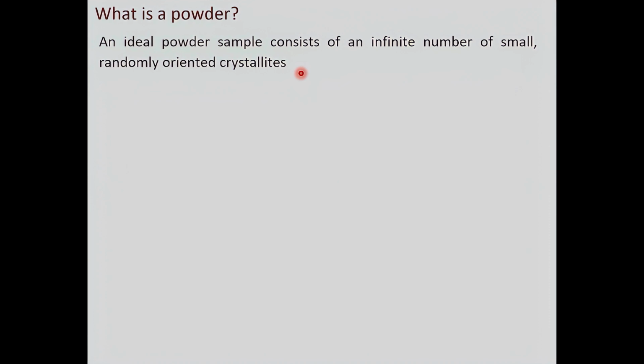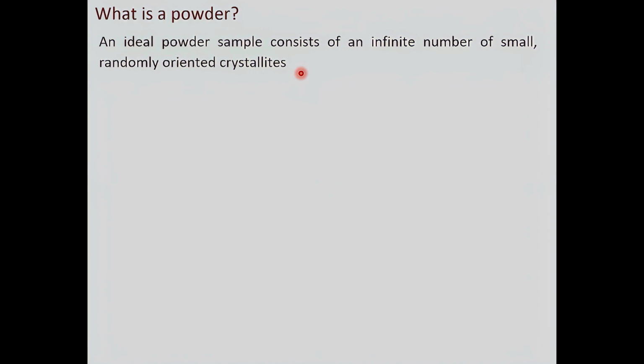What is an ideal powder? This is a definition of an ideal powder. An ideal powder is constituted by an infinite number of randomly oriented crystallites, all with the same size, all of the same type. Then the powder ideally is pure, not a mixture, for example.